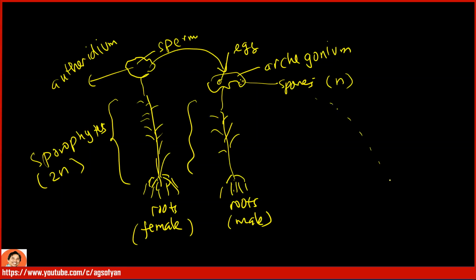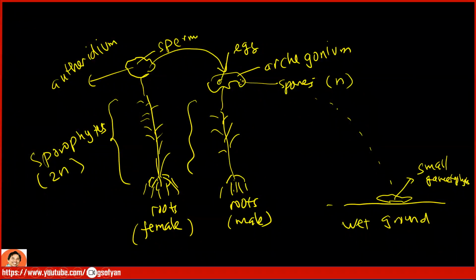Now, when the spore goes on the ground, which will be wet, because the seedless vascular plants still need a moist environment or moist soil to grow, it becomes a small gametophyte. So this is how the Lycophyta reproduce. This is sexual reproduction.